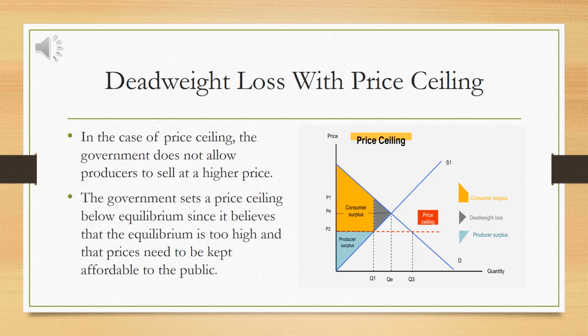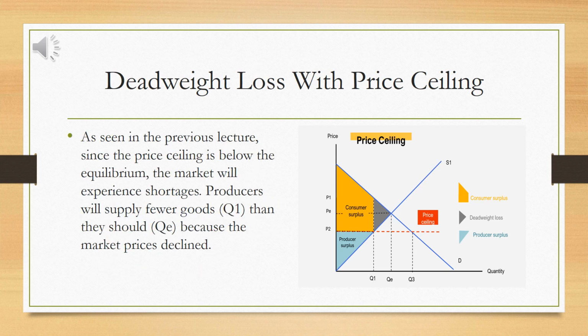In the case of price ceiling, the government does not allow producers to sell at a higher price. The government sets a price ceiling below equilibrium since it believes that the equilibrium is too high and that prices need to be kept affordable to the public. As seen in the previous lecture, since the price ceiling is below the equilibrium, the market will experience shortages. Producers will supply fewer goods than they should because the market prices declined.